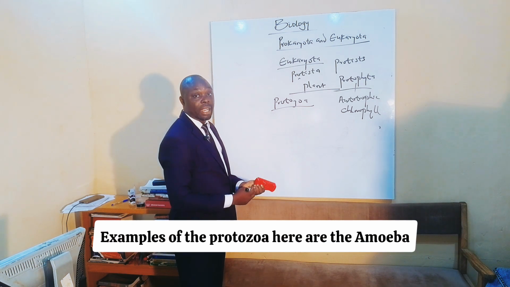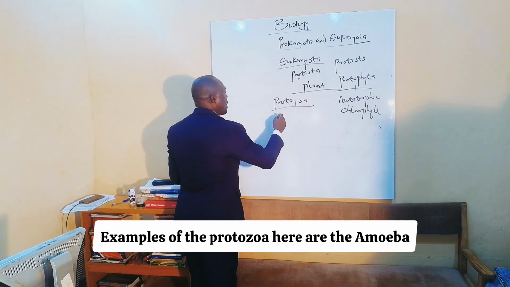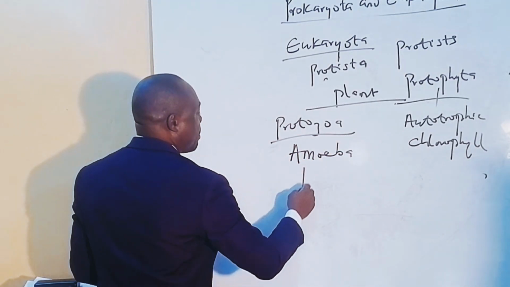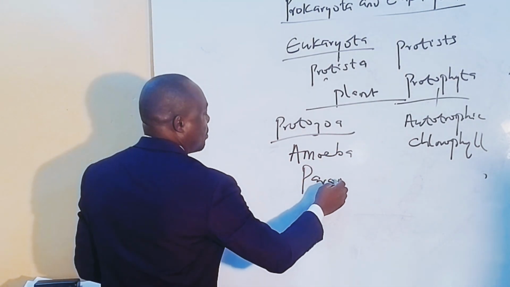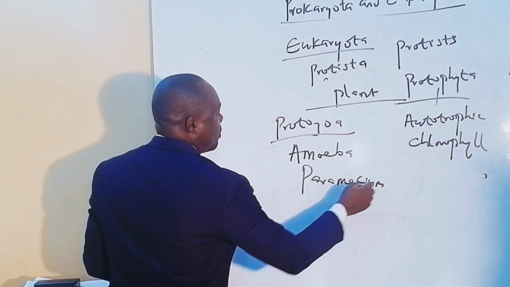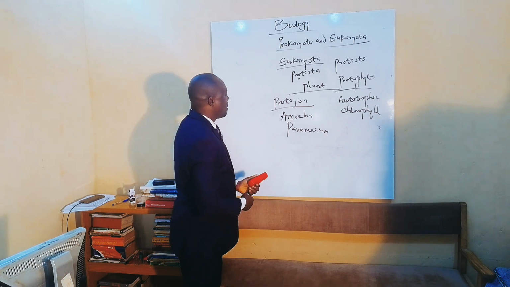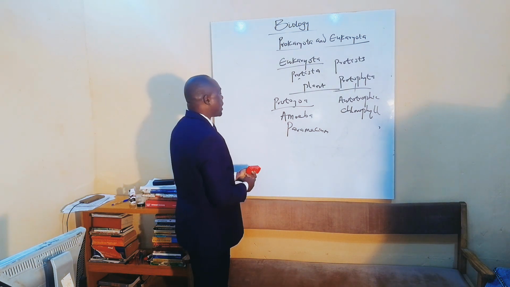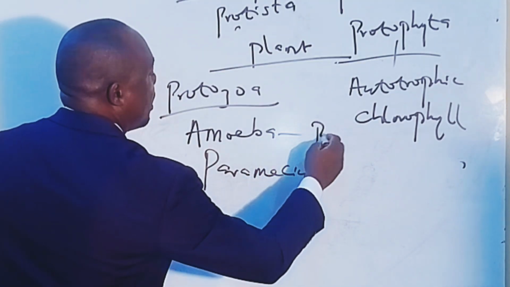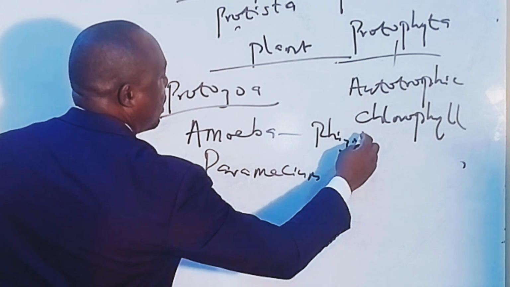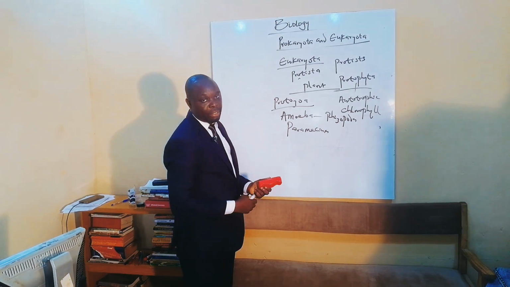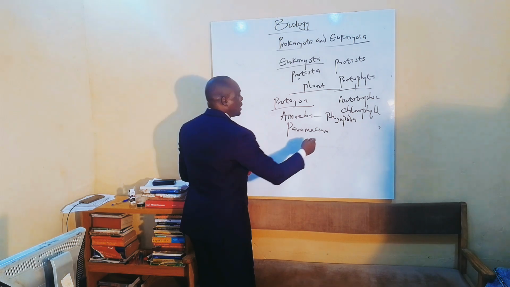Examples of the protozoa here are the amoeba and the paramecium. The amoeba is classified as rhizopoda, while the paramecium is classified as ciliates.